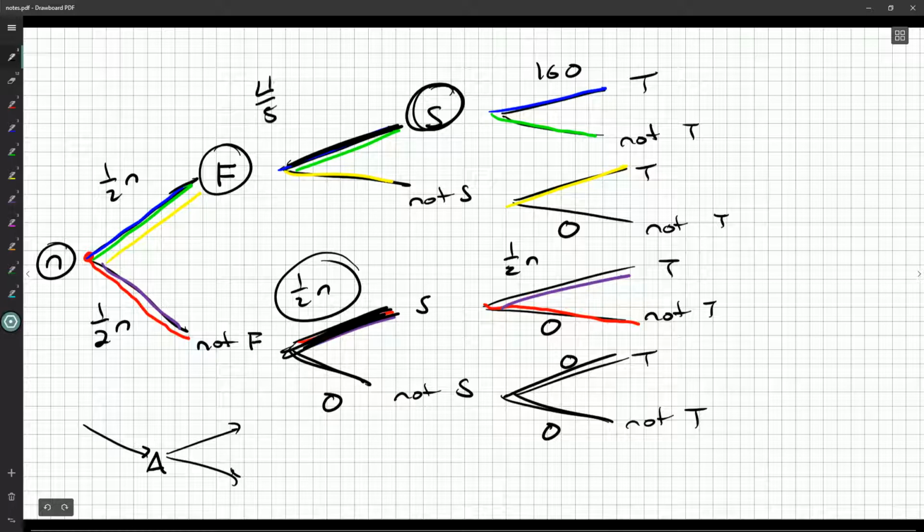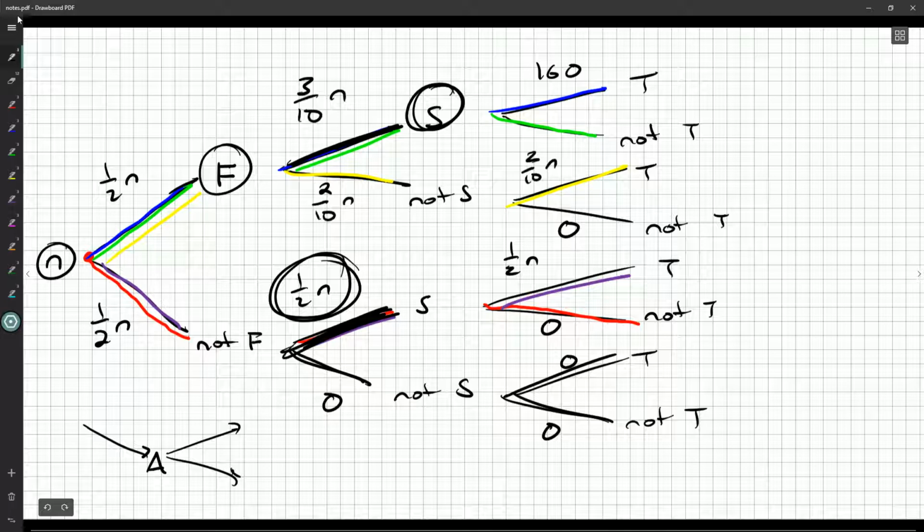So in total, I need 4/5 n. Subtract off a half n, because we've already got a half n. And so we can say 8 minus 5, or 3/10 n. And then a half minus 3/10 will be 2/10 n.